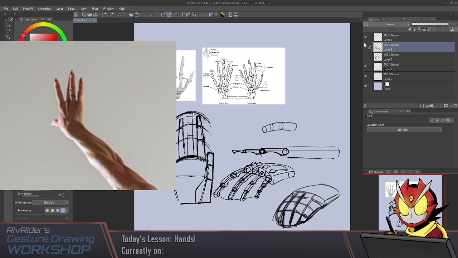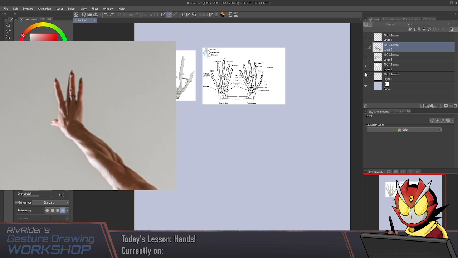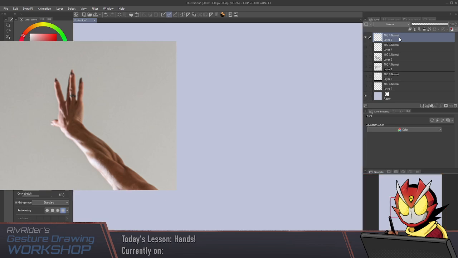So, let's clear all of this off, and I'll talk about gesture in a hand. The way you find gesture in a hand is the same way you would do any other body. You just look for where the area of strongest movement is. How can you apply a curve, a straight, or an S curve through the hand? There can be an S sometimes, not often, because an S is usually represented by twist.